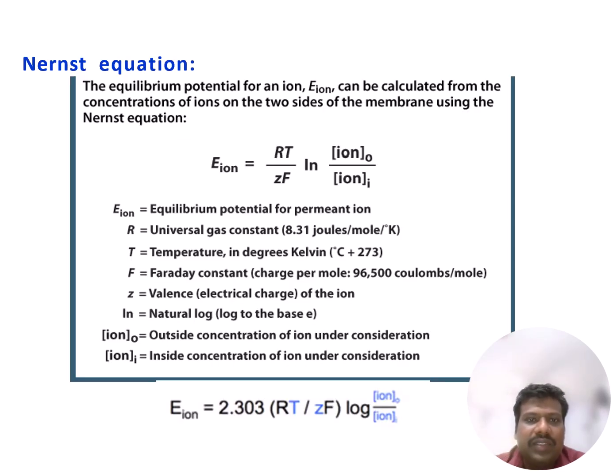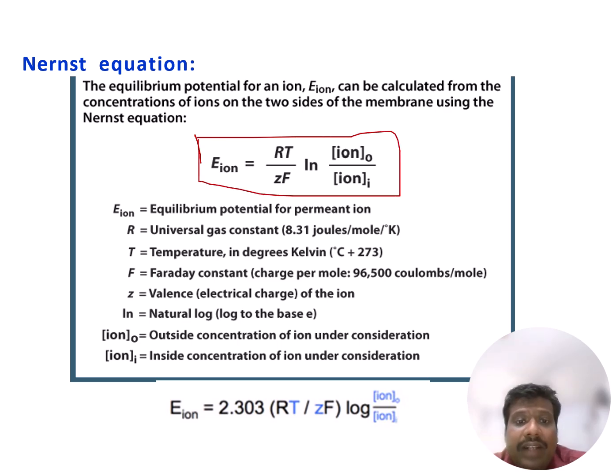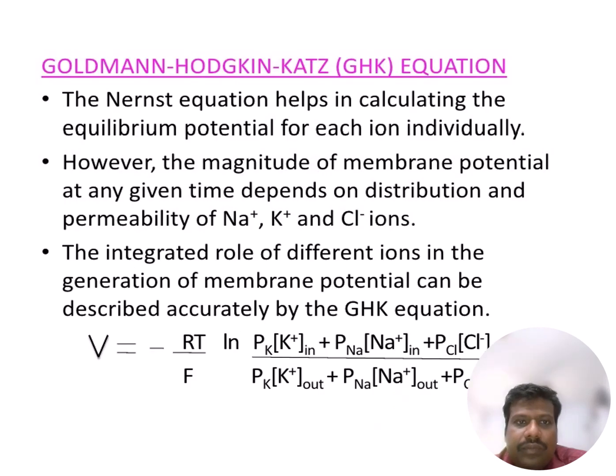Nernst equation. Okay. The equilibrium potential for an ion can be calculated from the concentrations of ions on the two sides of the membrane using the Nernst equation. It's the equation for calculating the equilibrium potential for a permanent ion. The Goldman-Hodgkin-Katz equation.